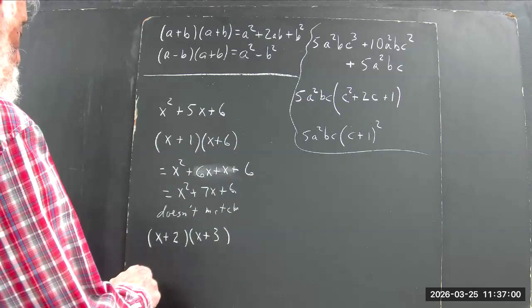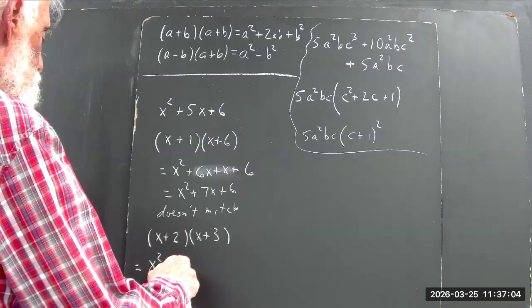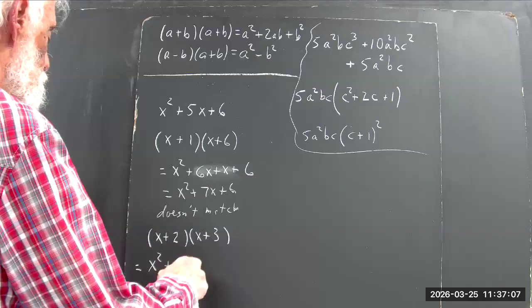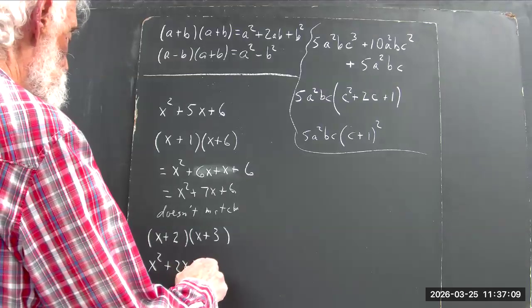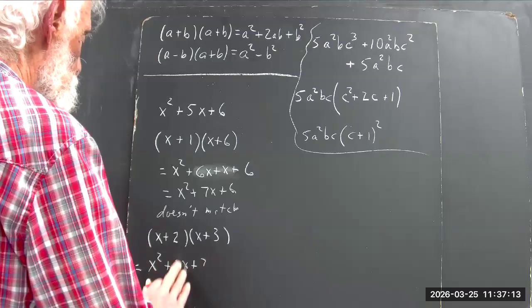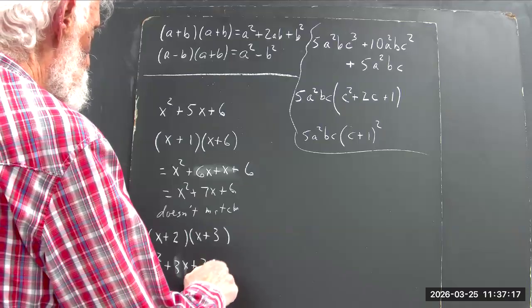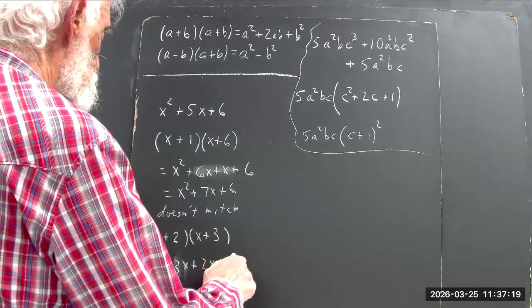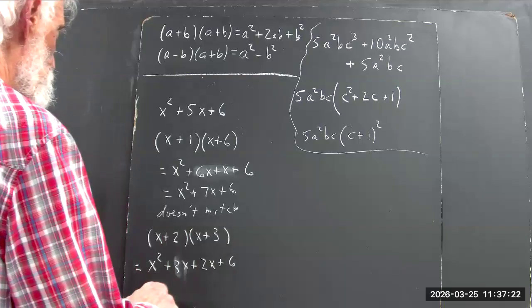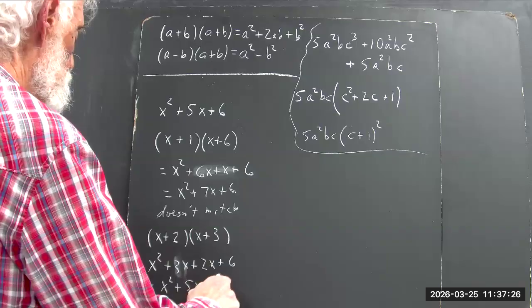And then using the distributive law and so forth, it's going to give us x squared + 2x + 3x + 6, which is x squared + 5x + 6.